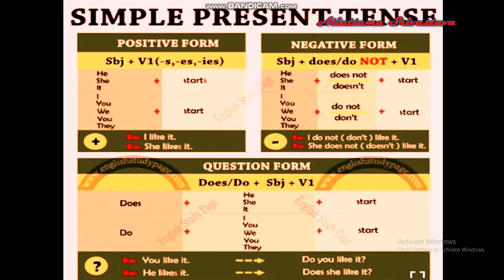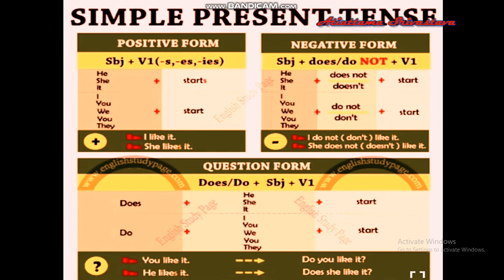When you are using I, you, we or they as a plural, here you will use the word start only. You will not add the s. I start, you start, we start, they start. Also another example can be I like it, she likes it.